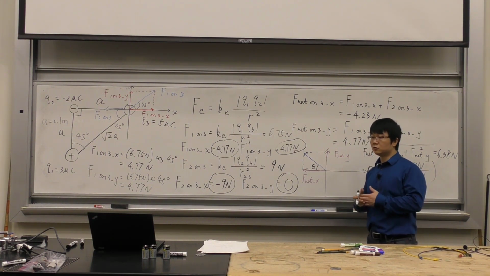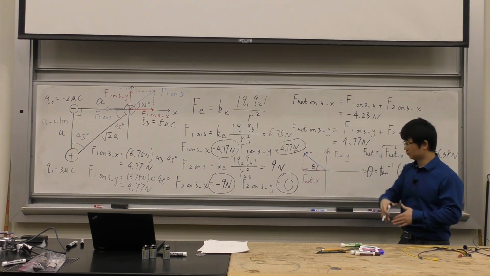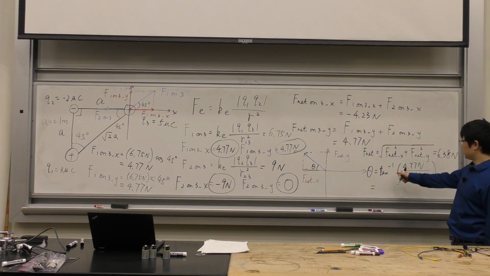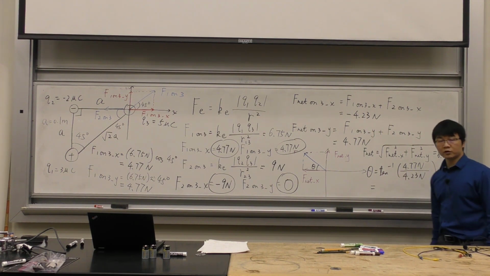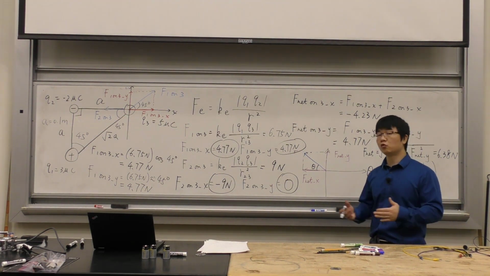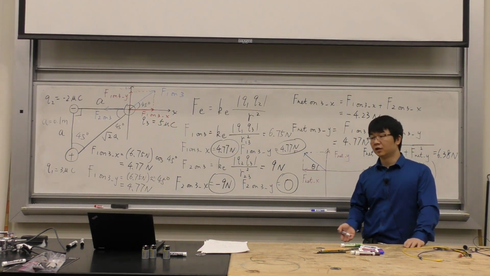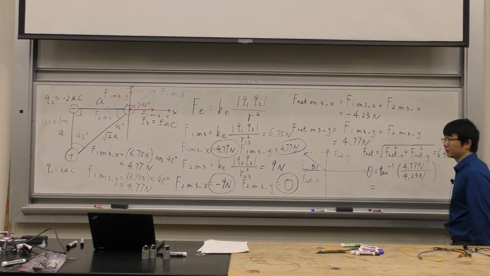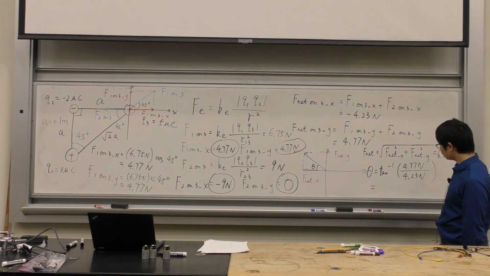I'm just going to use the magnitude of each side, right? So for this angle, and again, tangent inverse, is it always y over x? Don't remember that, okay? You draw it out, you pick the angle you want to find. You're going to see if you use y over x or x over y. It can change, right?